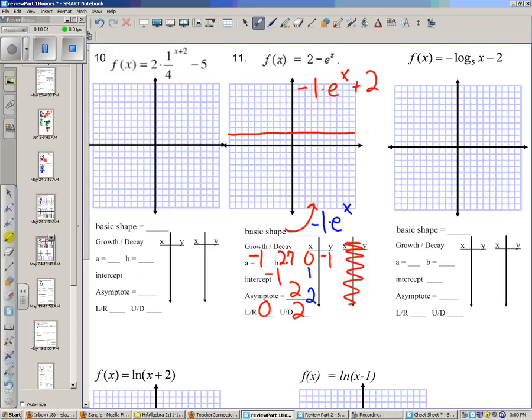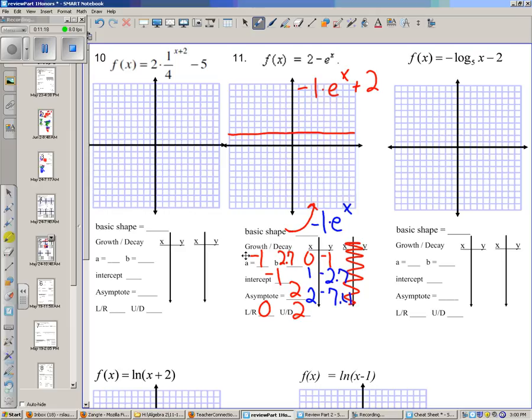So if I put 1 in there, e to the first power is 2.7 times negative 1 is negative 2.7. E to the second power is about 7.4. So when I take that times negative 1, I get negative 7.4. So when I graph these, I am just going to estimate them on the graph. No, that's correct.